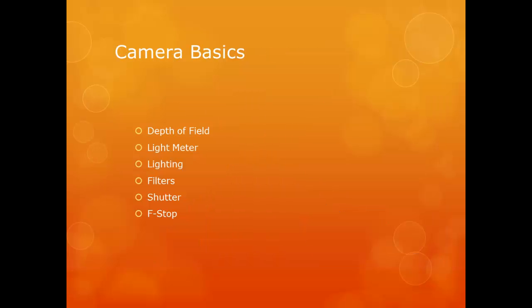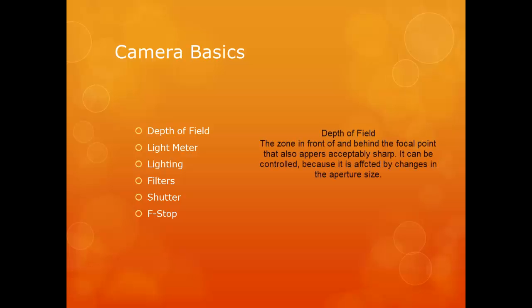It is imperative that any crime scene investigator become familiar with, at a minimum, the basics of whatever camera system he or she may be using. This means things such as depth of field, light meter, filters, shutter, and f-stop, to name a few. You should take note of these camera basics and research definitions and techniques from the course text, as well as outside sources for cameras you may be familiar with or you may be using.